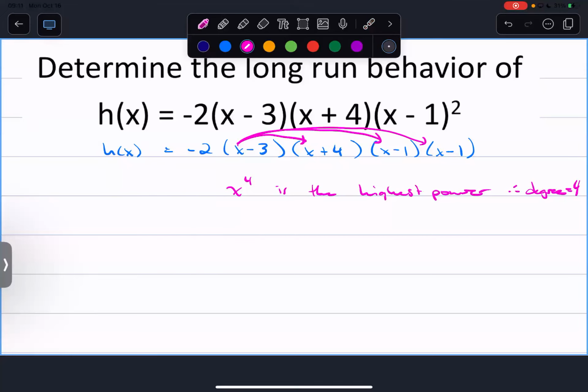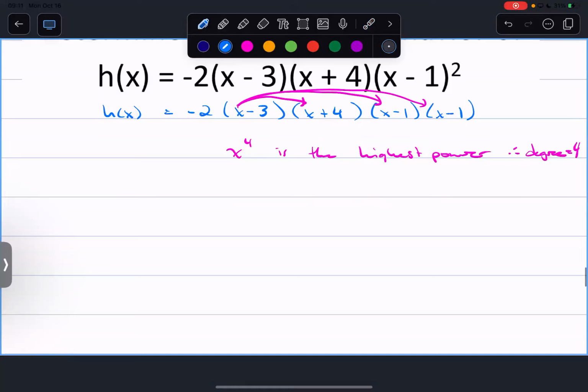And so here, the leading term would be -2x to the power of 4.